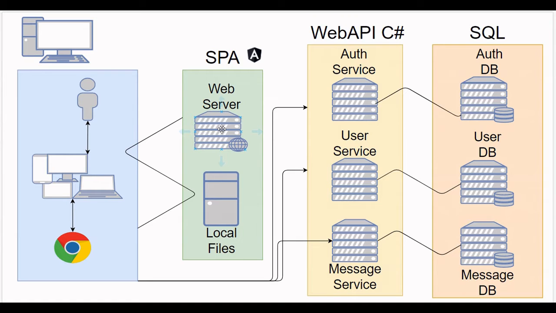The web server will allow you to download the data to the browser. The browser will then have connections to the back-end APIs, each of them individually. And each of these APIs will have a connection to the database, and they will only be able to communicate with one another. In this way, you'll be able to flow from the user all the way to the database and back to the user.